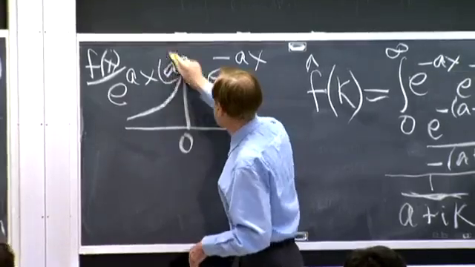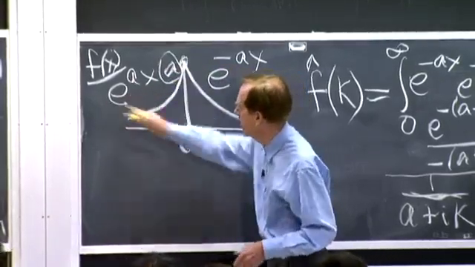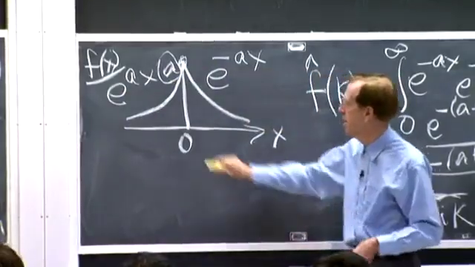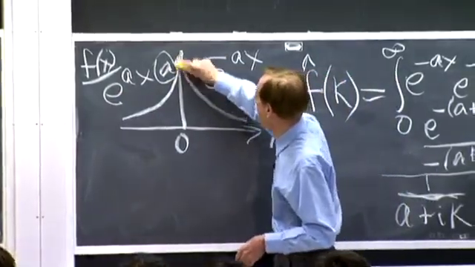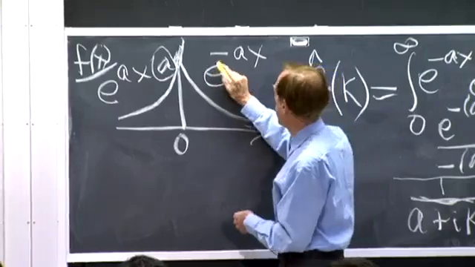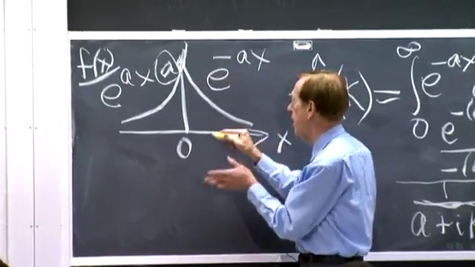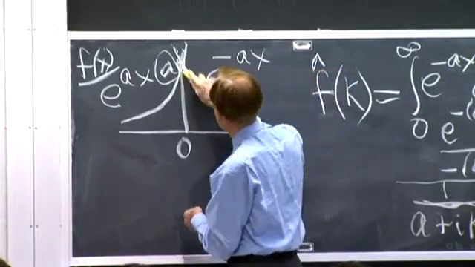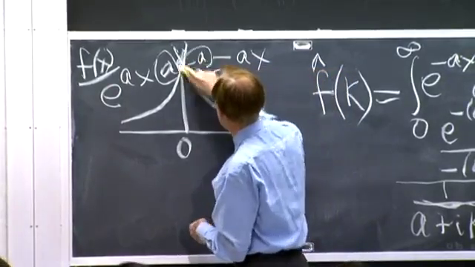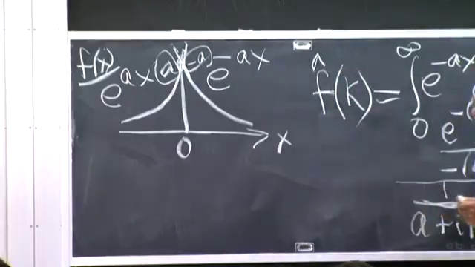I'll just put a circle. The derivative is a e to the ax, and at x equals 0, that would be plus a going up. And here the derivative is minus a e to the minus ax, and at x equals 0, the derivative coming down is minus a. So there's a jump in the derivative.